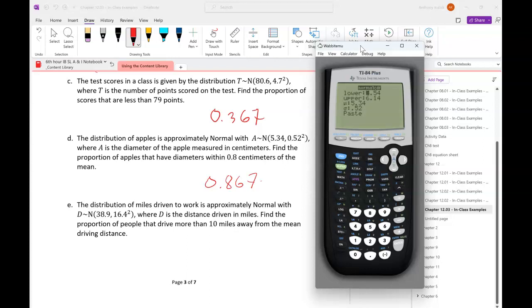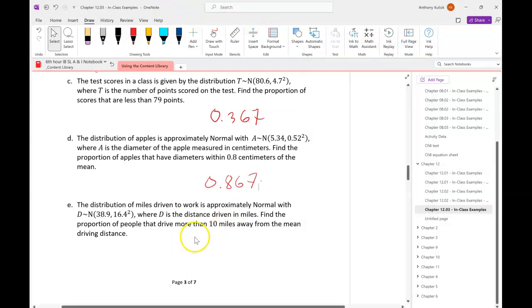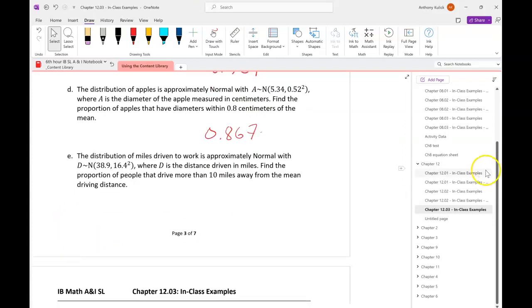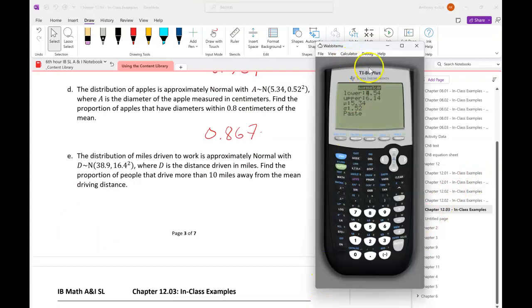Okay. All right. Let's do E. Again, try it on your calculator.